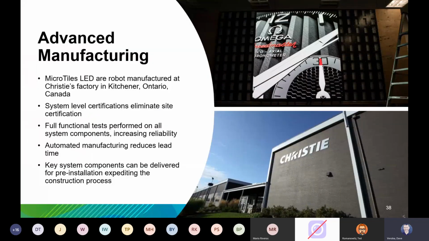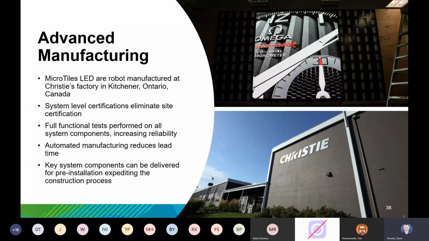And finally, I just wanted to mention, the MicroTiles LED product is manufactured near Toronto, Canada, at one of our factories on a robotic line, so that it reaches exacting tolerances, so that it basically just does click together and there's not much to it. We also pursue system level certification on the product so that there isn't site certification required.